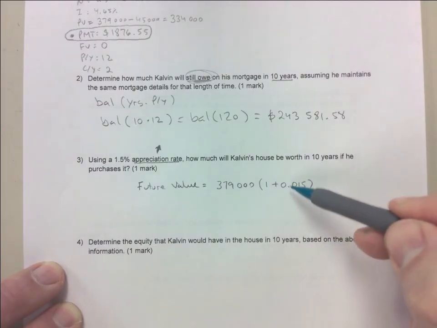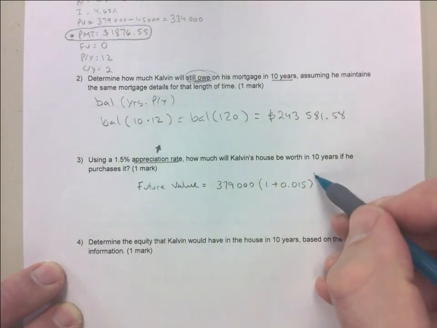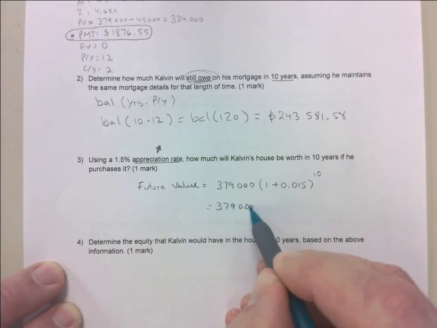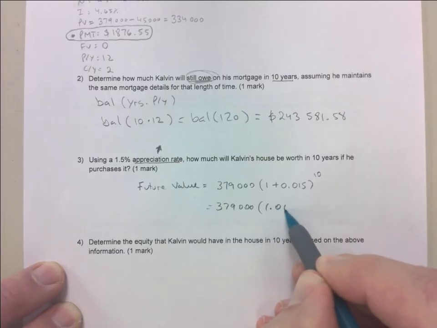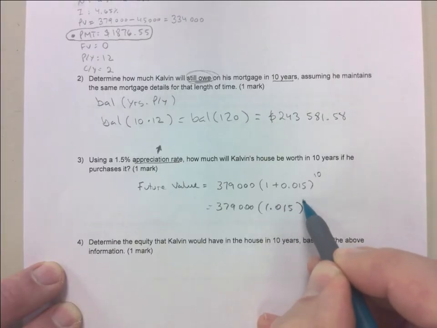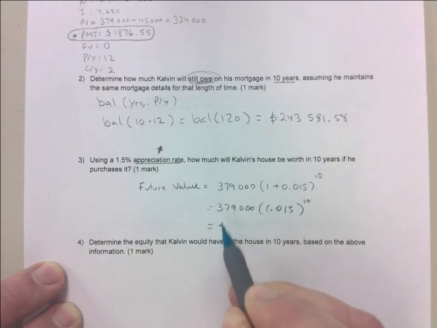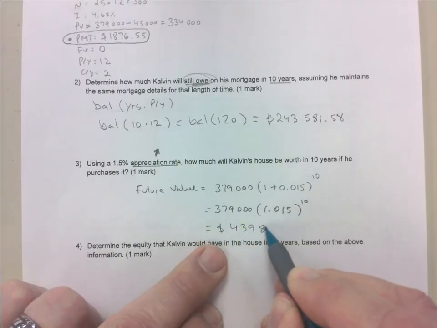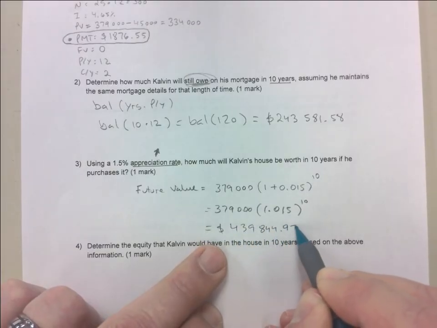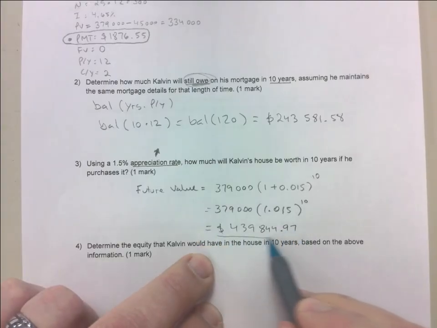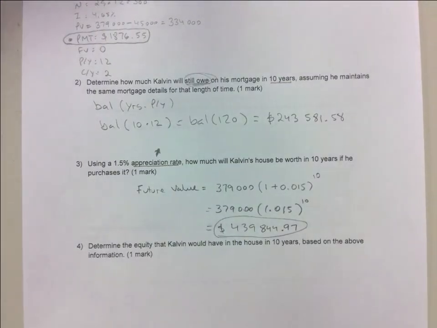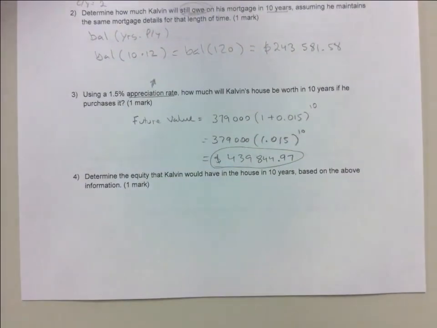Right? I've divided the interest rate by 100, and you're going to raise it to the power of 10. So it's 379,000 times 1.015 to the power of 10. If you type this in, you're going to get 439,844.97. Okay? That is the value of the home predicted 10 years from now.